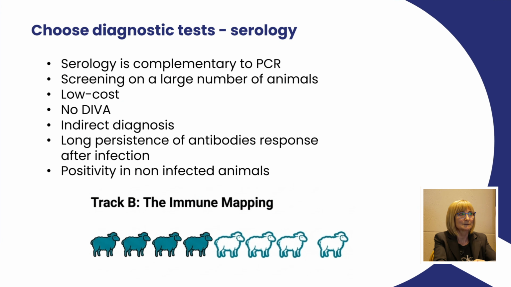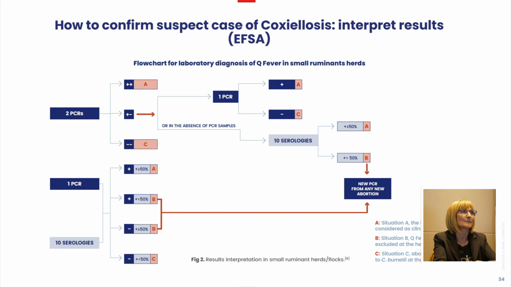Furthermore, we must remember that the serological response cannot distinguish between animals vaccinated and not vaccinated and really infected. So after the use of the vaccine, it is better not to use serology anymore.